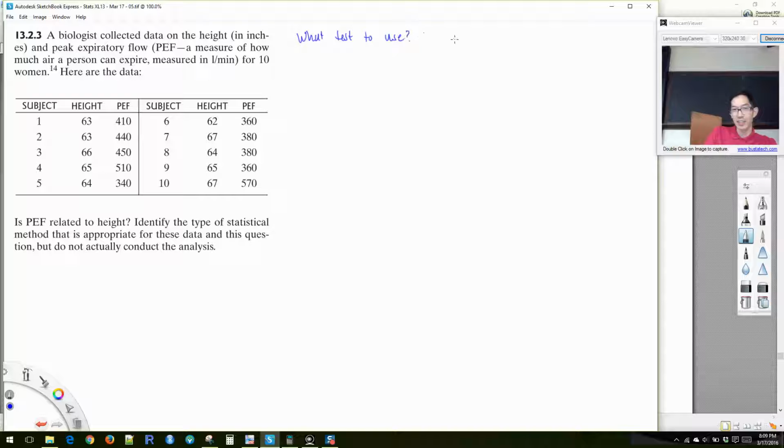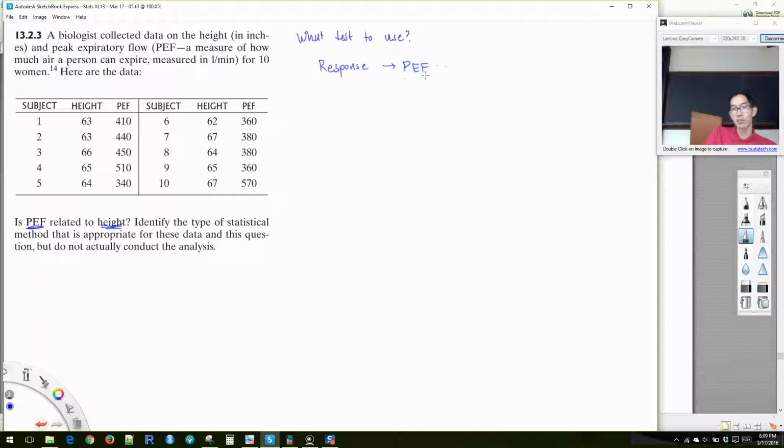All right, what test to use? What is our response variable? It's either yes or no? Our question is, is PEF related to height? So here our response would be peak expiratory flow.